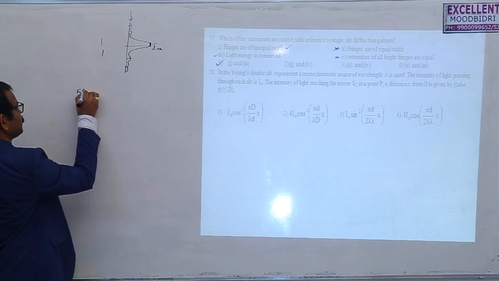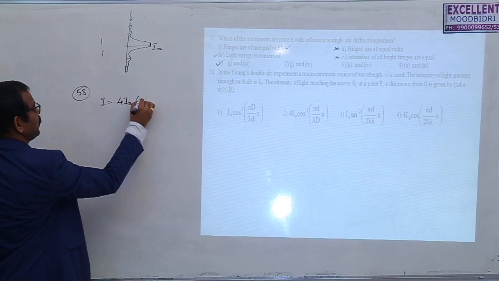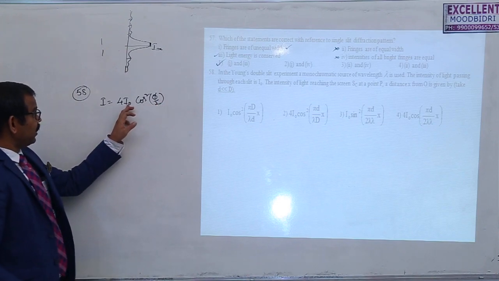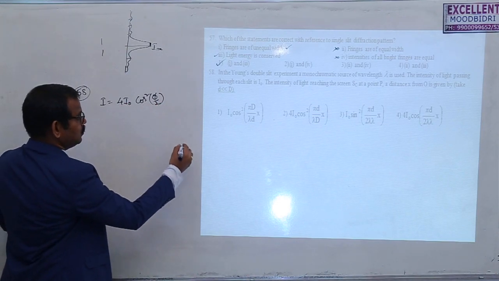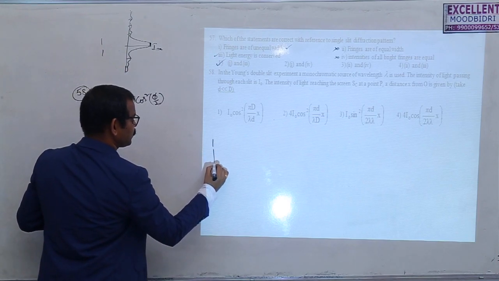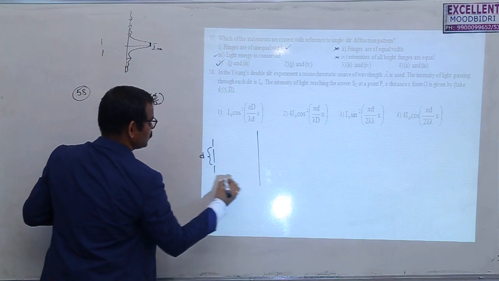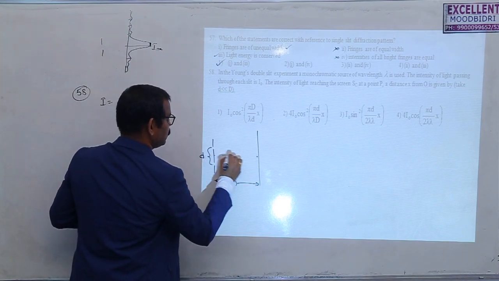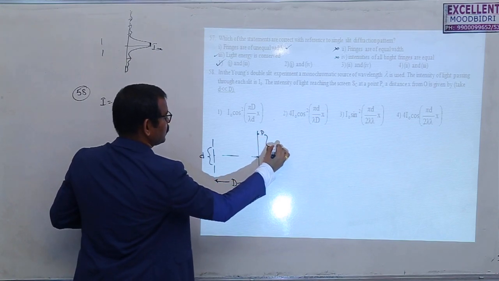58. In Young's double slit experiment, the intensity at any point on the screen is given by 4 I naught cos square phi by 2, where I naught is the intensity from one of the slits. Here, if you take this double slit experiment, the distance between these two slits is given as d. Distance between slit and screen is given as D. And here in the diagram itself, it is given that this is the point which is at a distance of x.